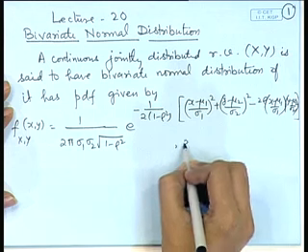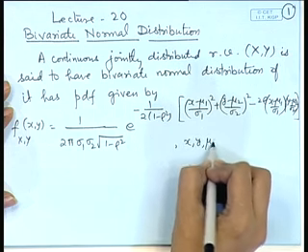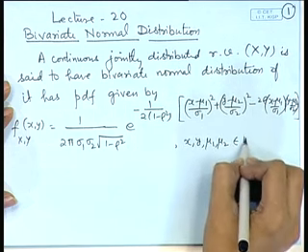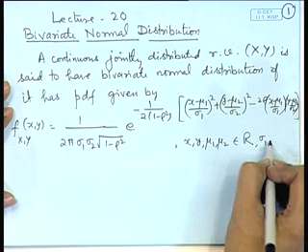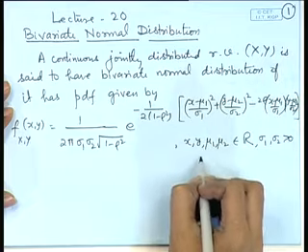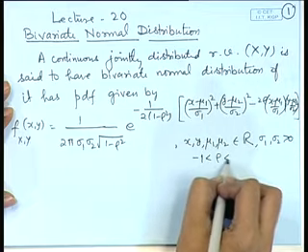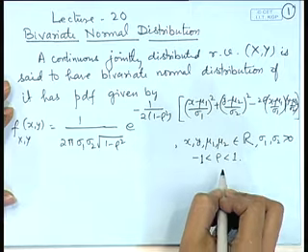Here the range of x, y, mu 1, mu 2 is the whole real line, and sigma 1, sigma 2 are positive, and rho is between minus 1 and plus 1.